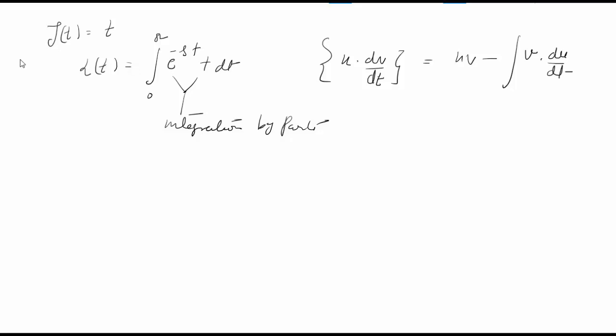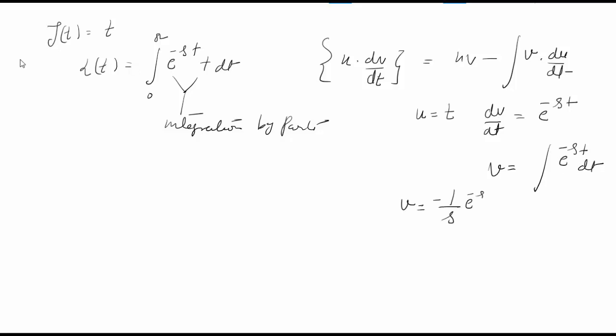Considering that u is equal to t and dv by dt is equal to e raised to minus st, v will be the integral of e raised to minus st dt, which is minus 1 upon s e raised to minus st.